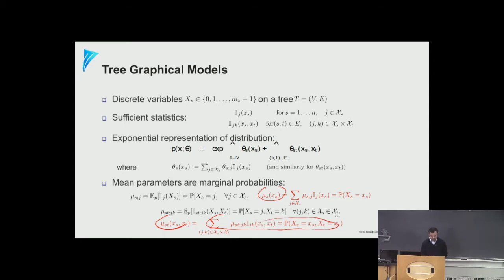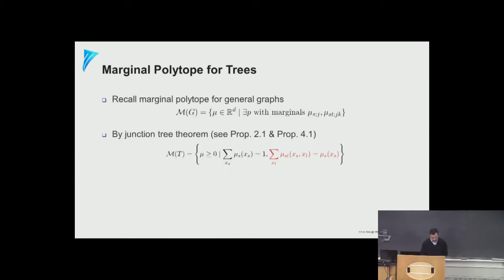This is the pairwise marginal. And when this translates to the space of all possible mu's, we can introduce these two types of constraints, which gives you the local consistency guarantee of the marginals of the mean parameters. Now, these local constraints lead to global constraints when the model is what?